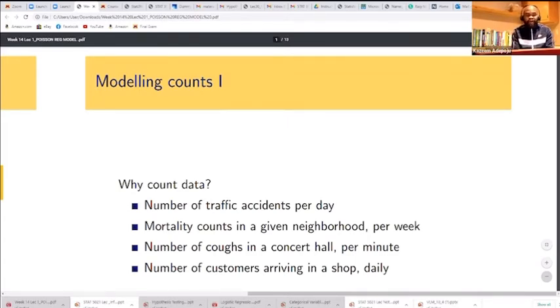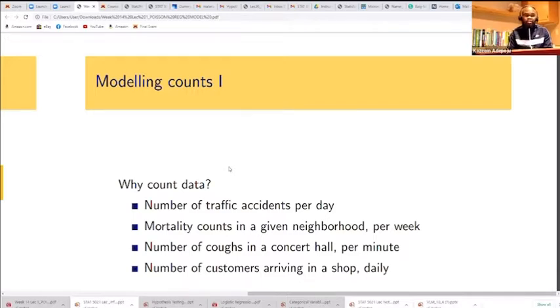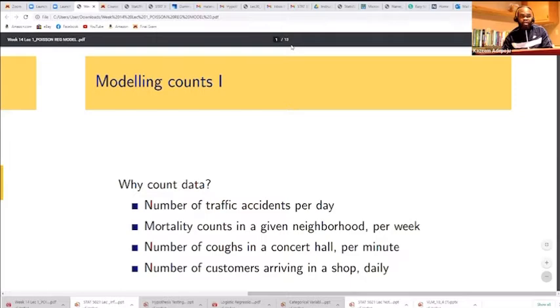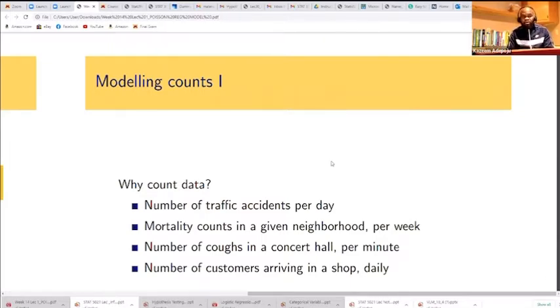I've given you examples, and these are other additional examples of count data: the number of traffic accidents per day, the mortality count in a given neighborhood per week, the number of calls in a concert hall per minute, the number of customers arriving in a shop daily.